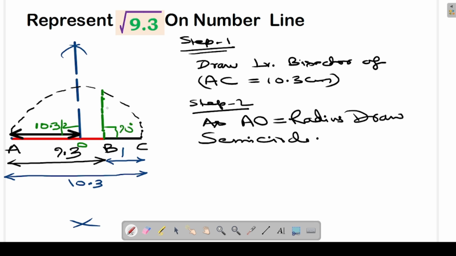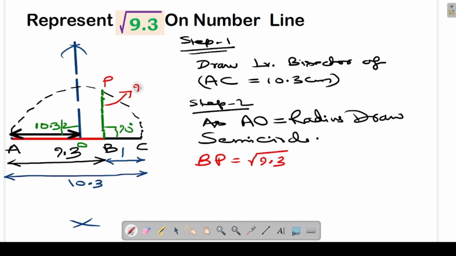Now the perpendicular from B will intersect the circle which I marked in the dashed line, and let us say that point is P. So the length of PB, or BP, is equal to root over 9.3.